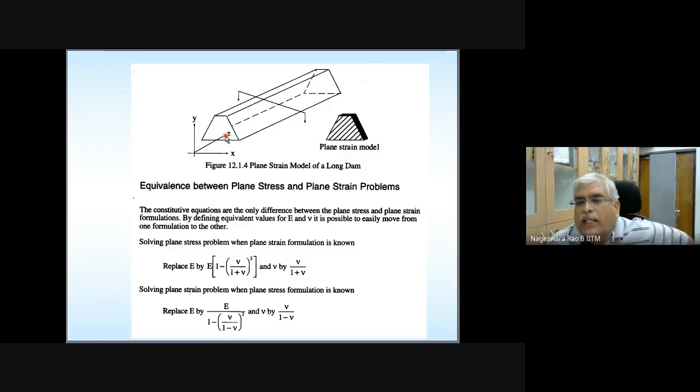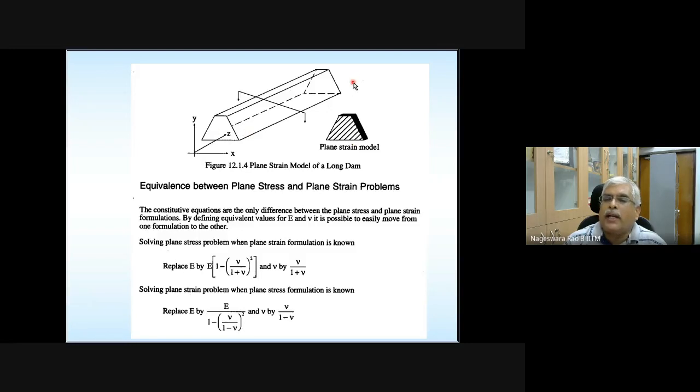So what is the significance of this plane strain? Plane strain in the sense that the strain in the longer direction is negligible. It's almost equal to zero. So strain is predominantly in the XY plane, and that's why it's called plane strain.